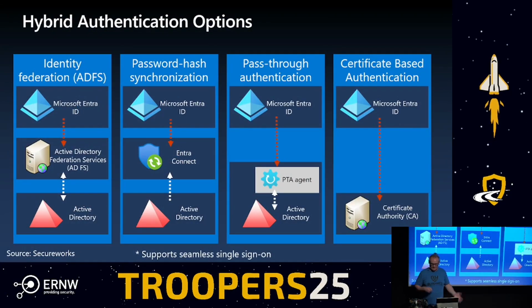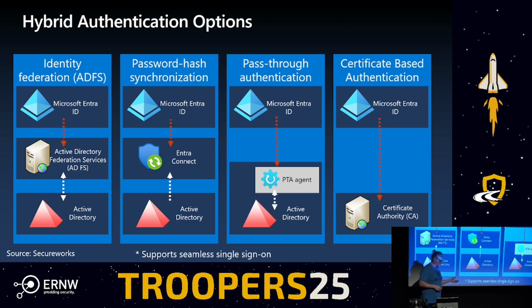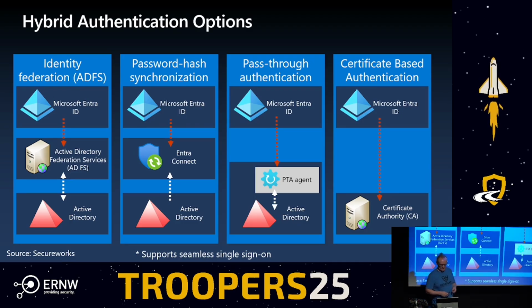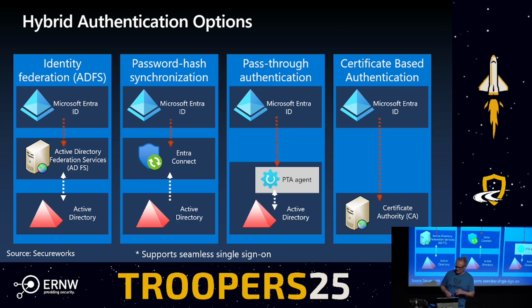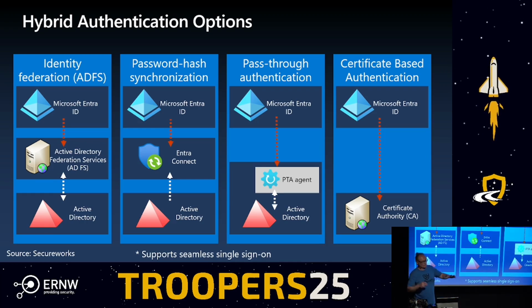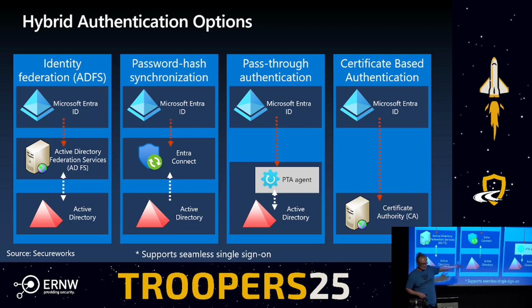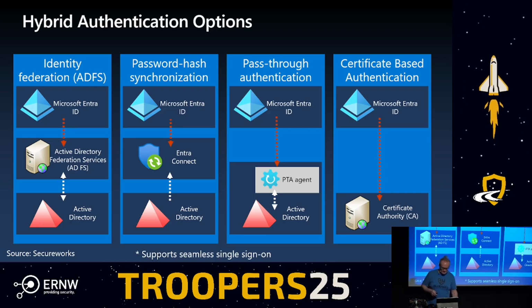Let's start by talking about what a hybrid environment is. With Entra ID, you have some hybrid authentication options. Here are a couple of those, not all, but the most important ones. Back in the day, if you wanted to use the same set of credentials on-prem and in the cloud, you had to use ADFS or some other federation, not necessarily ADFS, but in this case, ADFS.